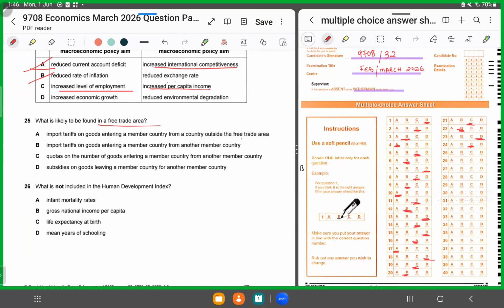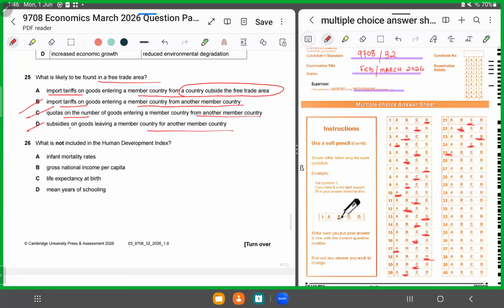Yes, that's correct, because they would impose tariffs if the goods enter a member country from a country outside. But if it's from a member to a member country, you will not impose any tariff or quotas or things like that, because that's free trade, right? So it has to be A. For 25 we'll shade in A.